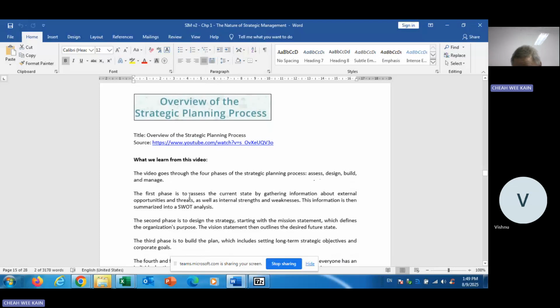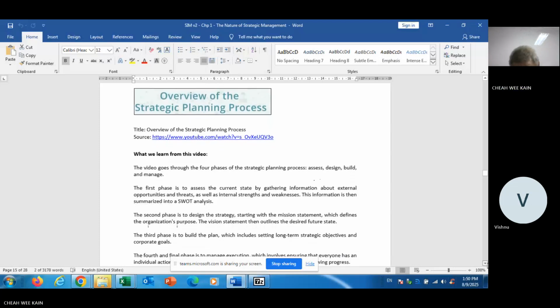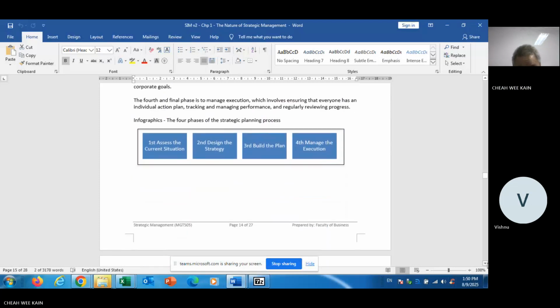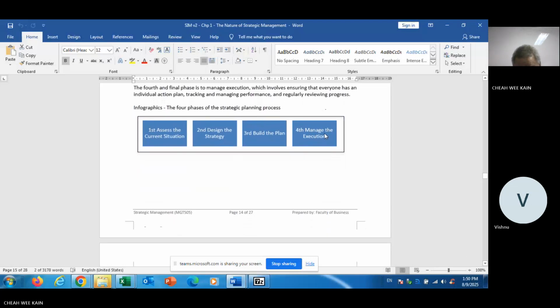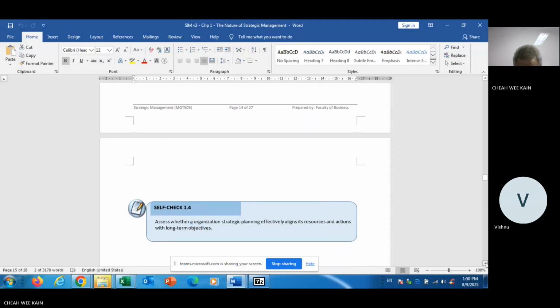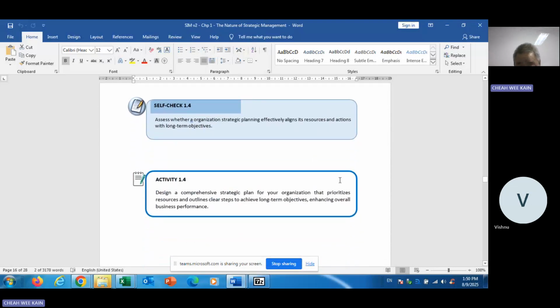So that's what I mean. The first phase, second phase, third phase. Okay. Now, what do we get from here? Assess whether the organization's strategic management effectively aligns its resources and action with long-term objectives. How do you assess? So you see the answer at the bottom.